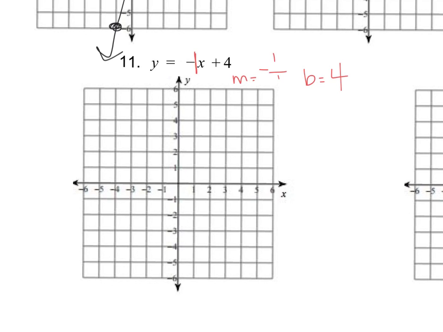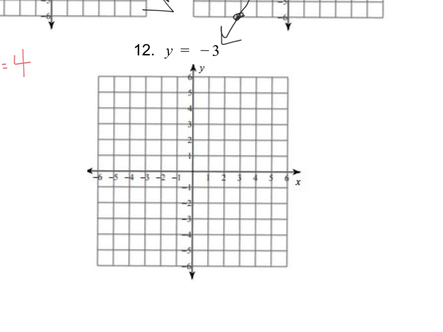Put a point at your y-intercept. Down 1 to the right 1. We're always going to start to the right. Up 1, back 1. Up 1, back 1. Once you've finished going to the right. And this is an example of your slope being negative again.